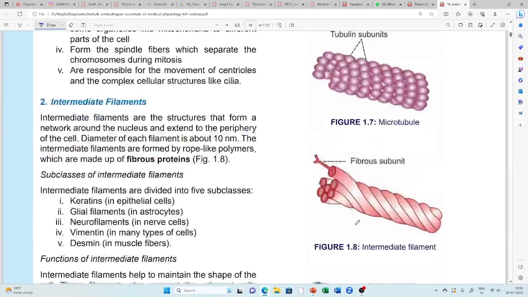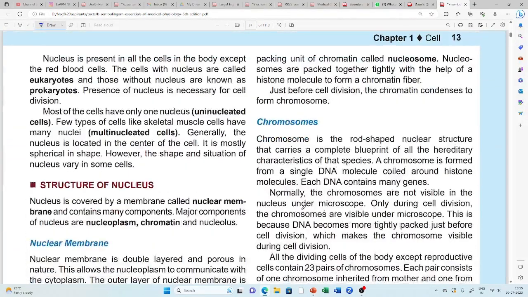The cell nucleus is present in all cells in the body except red blood cells.